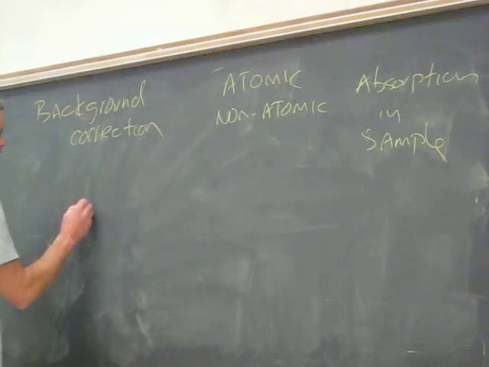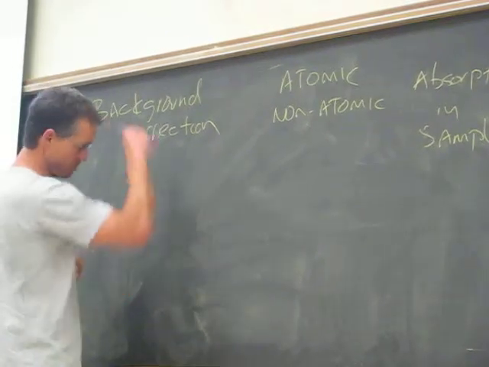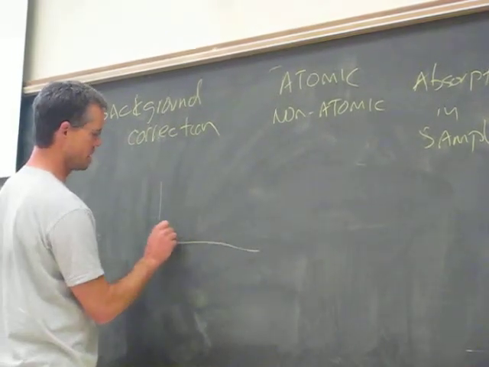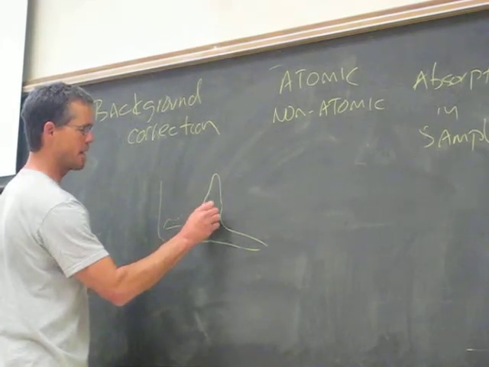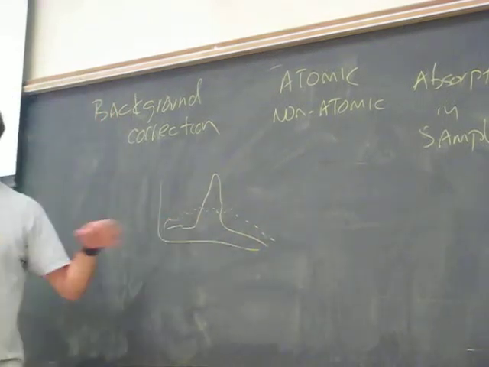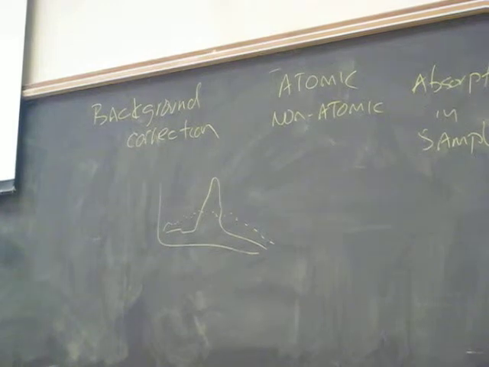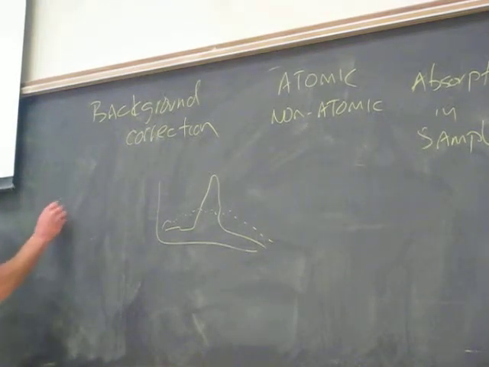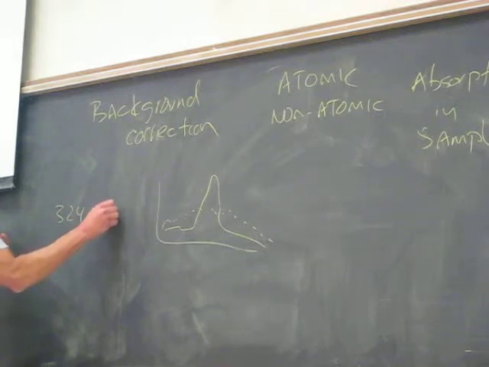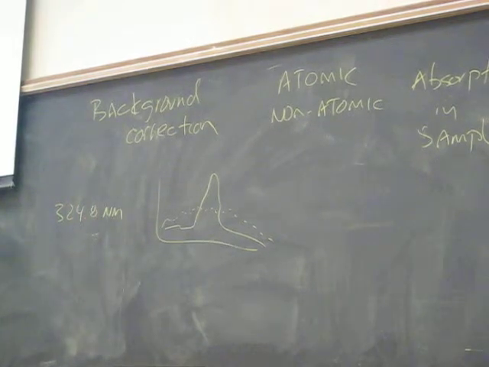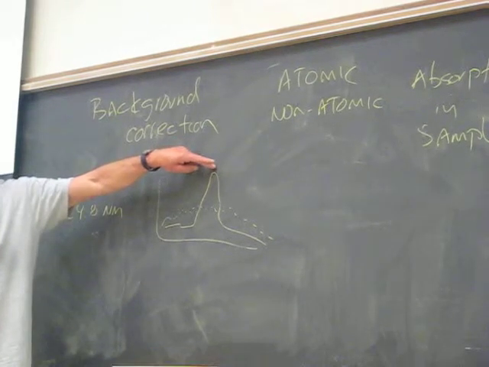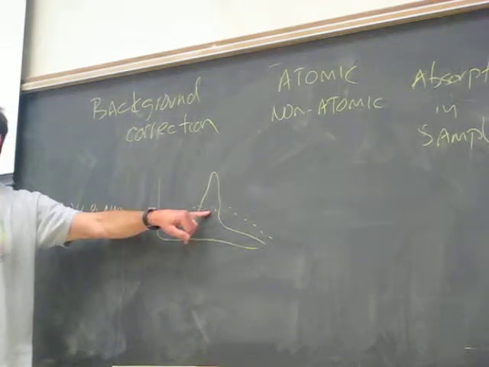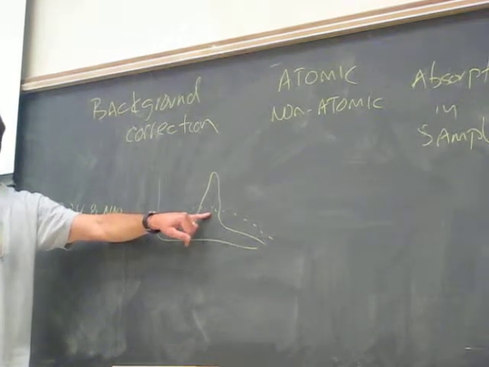We showed an example before of an absorption spectrum where you typically also have some background absorbance that's non-atomic. When we think of background signal, we're measuring absorbance. For copper, you're measuring 324.8 nanometers. The total absorbance at that wavelength is accounted for by both absorbance due to your analyte, copper, and absorbance due to non-atomic sources, meaning non-copper absorption.